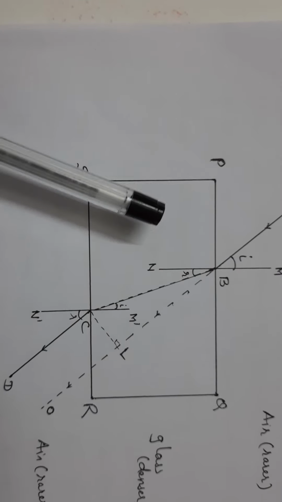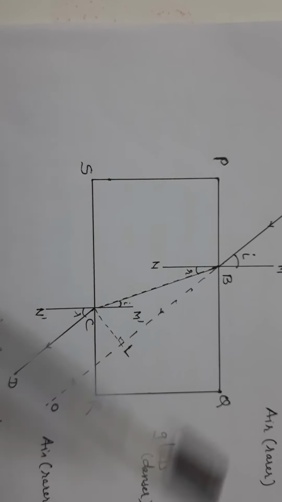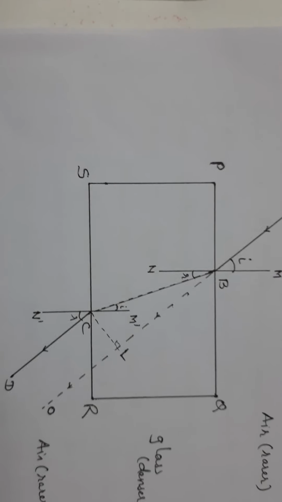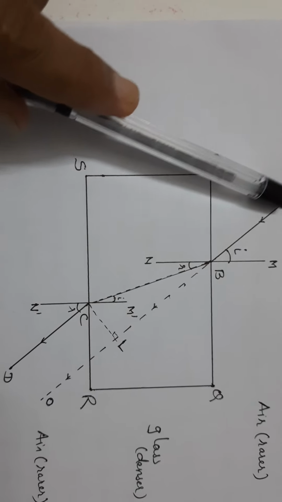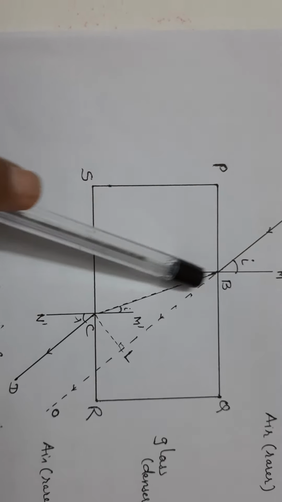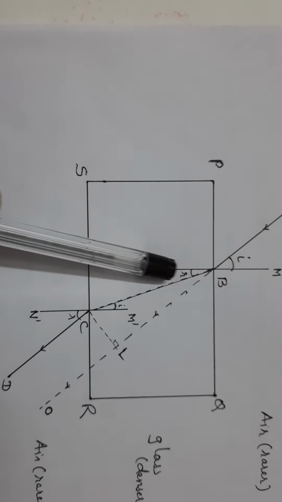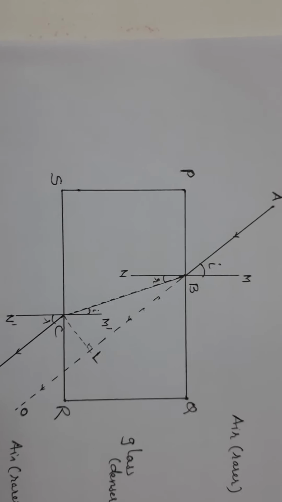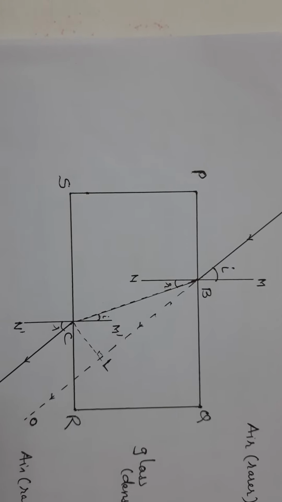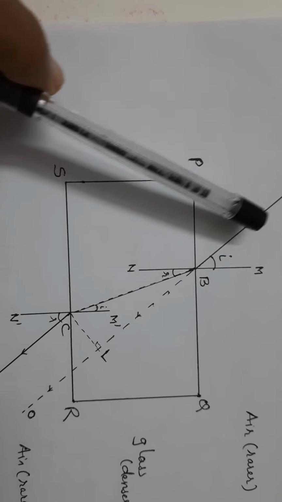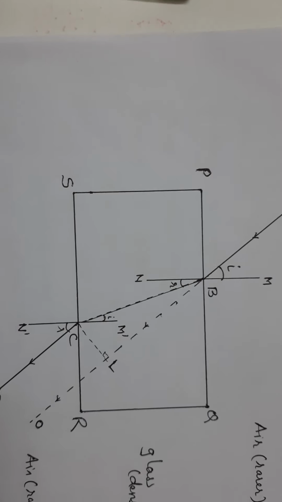After outlining the boundary, you remove the glass slab and put it aside. Now at a particular point B, at an angle, you draw ray AB. And perpendicular to the surface PQ, you draw another line, which we call the perpendicular or normal. The normal is MN. Now on AB we fix two pins, P1 and P2.